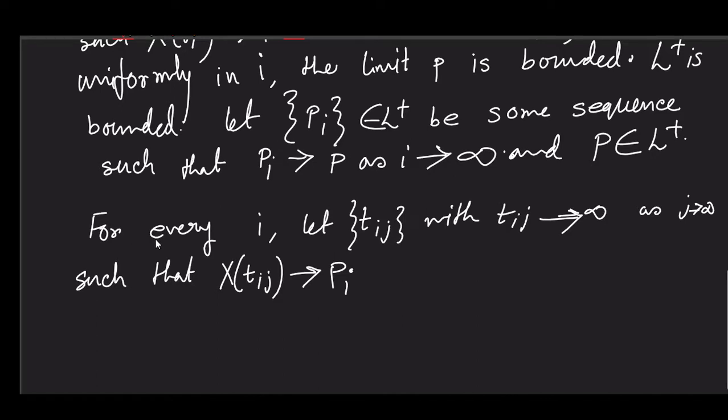We are having T_ij, where you have multiple such points and multiple solutions. For the i-th solution there is a time sequence T_ij that goes to infinity, and then you have the point p_i for that i-th solution.